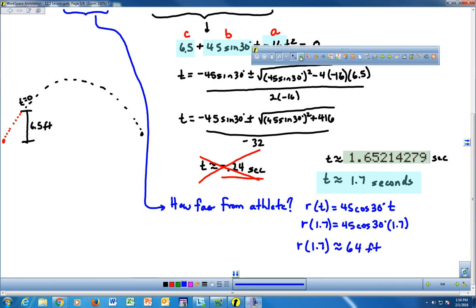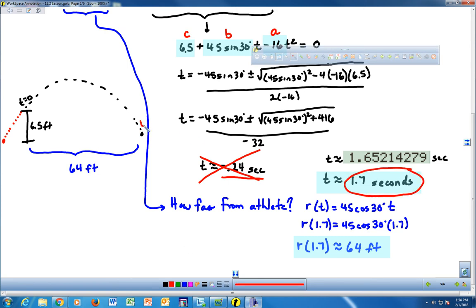That is the distance from whenever it was shot to whenever it struck the ground, and that happened after a time of 1.7 seconds.